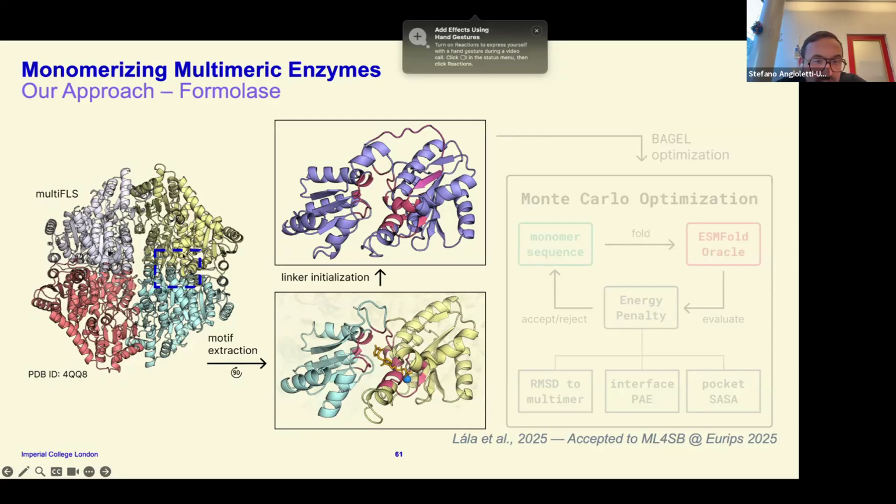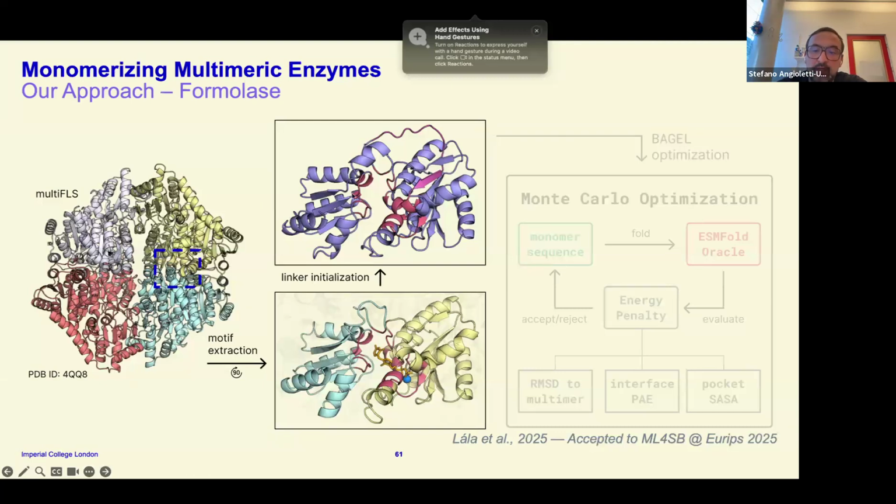However, we can take exactly this region here and do a directed evolution approach whereby we mutate the sequence, and each time that we make a mutation, we refold the sequence and we ask how close the structure of the sequence is to the original one that you find in the tetrameric enzyme.